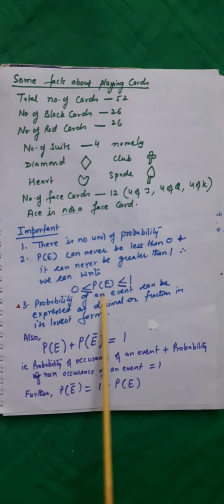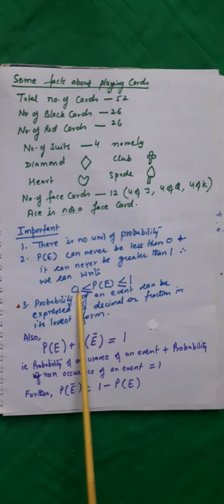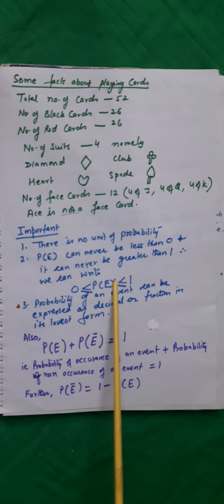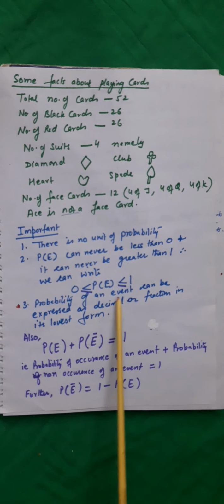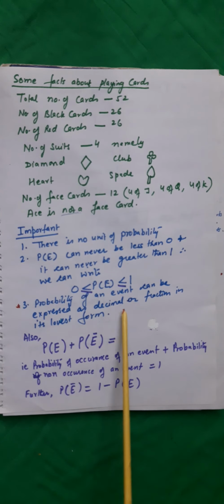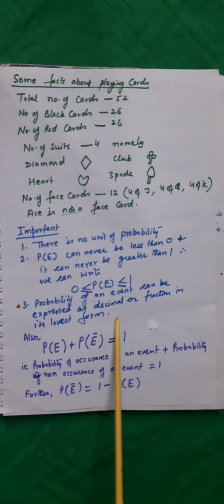So we can write that the probability of an event will lie between 0 and 1: 0 is less than or equal to the probability of an event, which is less than or equal to 1. Thirdly, the probability of an event can be expressed as a decimal or a fraction in its lowest form.